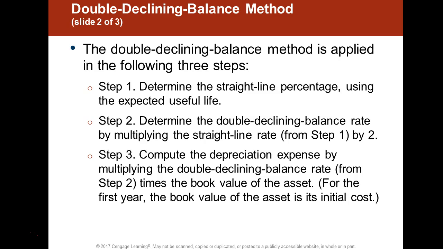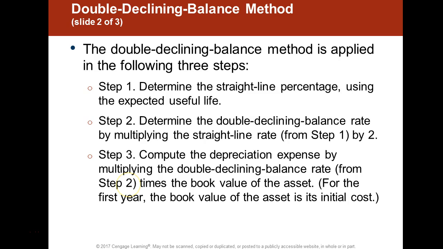So let's use an example to do this. If we use the same example here, we have an asset that costs us $10,000, and it is a 5-year asset, and it has a residual value of $1,000. So what do we want to do? We want to first calculate the straight line rate, 1 over 5.